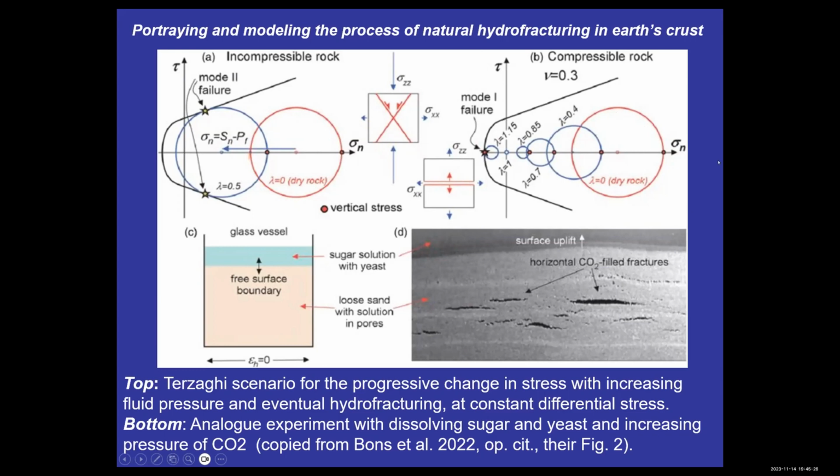Here we have the starting condition, the red circle, and then we get less and less shear stress because the hydrostatic pressure in the rock counteracting the applied stress is getting more and more profound. Because we are subtracting the pore pressure, or the isotropic fluid pressure, from the applied stress, we get smaller and smaller circles.